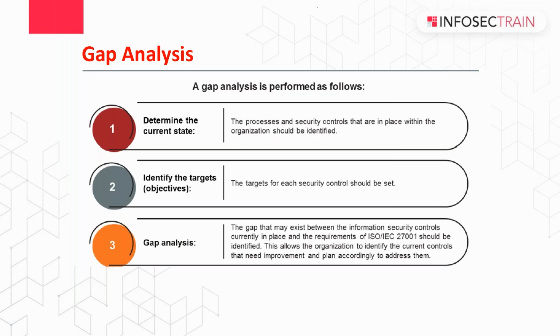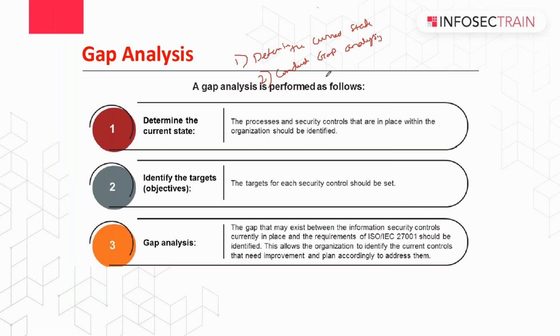While analyzing the existing system, we are going to list certain activities. Let me tell you about those as well. First activity: I'm going to determine the current state. Once the current state has been determined, I will move to step number 2, that is, conduct gap analysis.